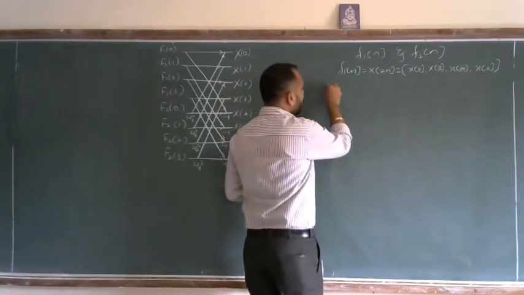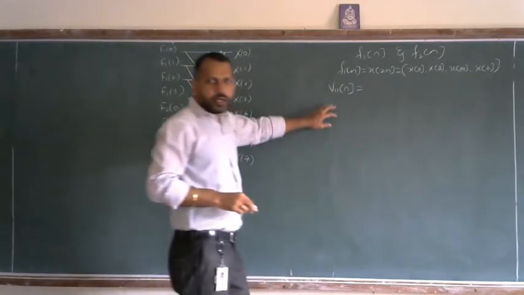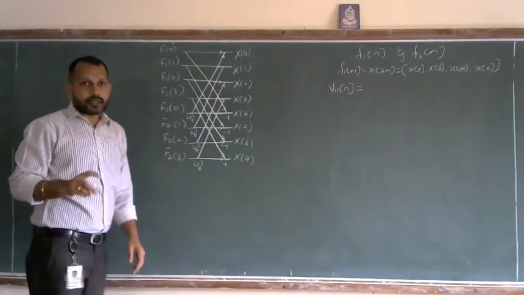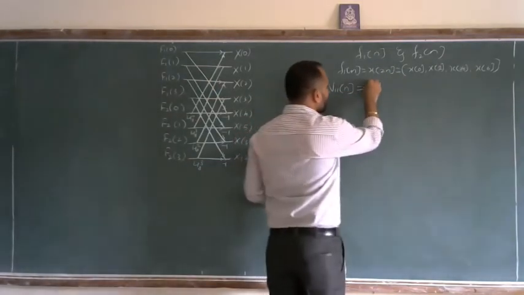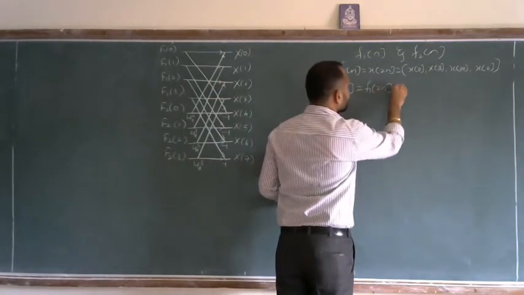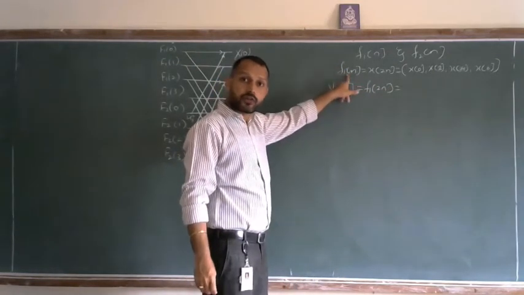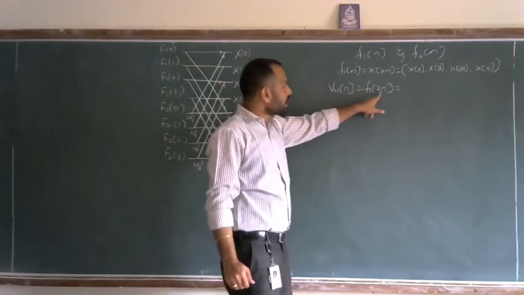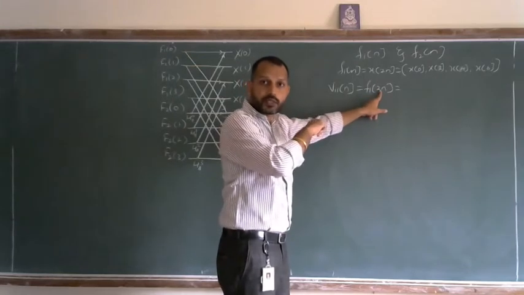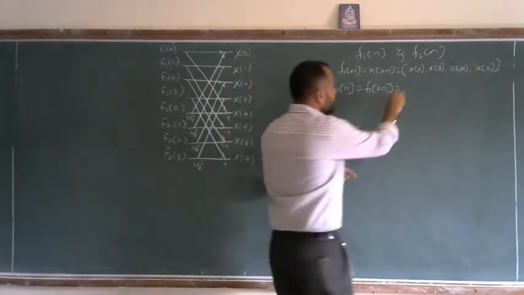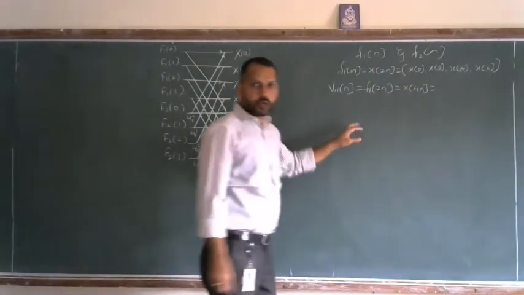Let us call V11 of n a subsequence of this decimation which contains only the even numbered samples of F1 of n. Those even numbered samples will be given by F1 of 2n, or with respect to x of n, it will be x of 4n.